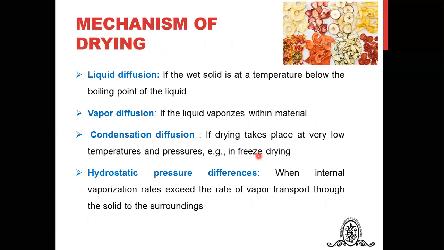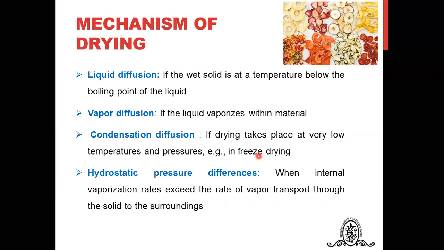Mechanisms of drying are liquid diffusion. In this, if the wet solid is at a temperature below the boiling point of the liquid, then liquid diffusion occurs. If the liquid vaporizes within the material, then vapor diffusion occurs.